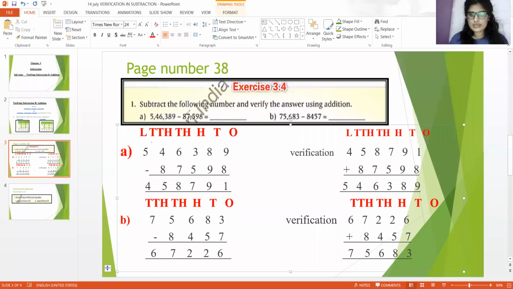At the ones place, if I take away 8 from 9, then I am left with 1. Now go to the tens place. At the tens place, I have only 8, so I cannot take away 9 from it. That means I need to take 1 carry over from the next higher place.